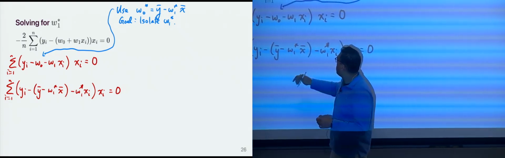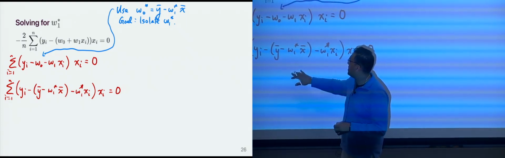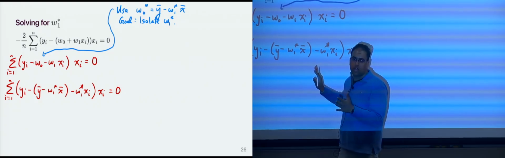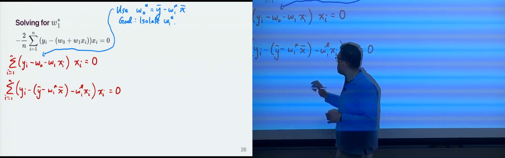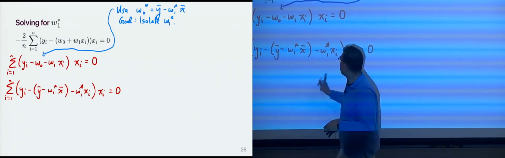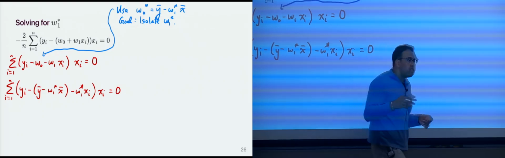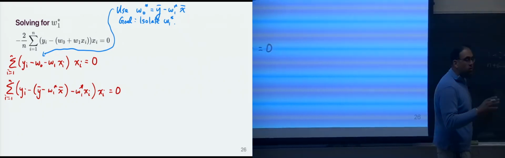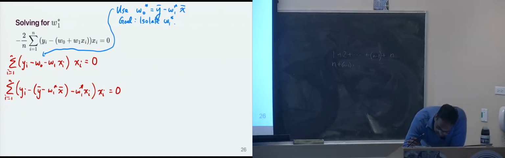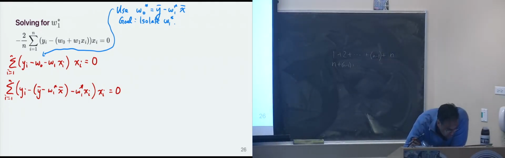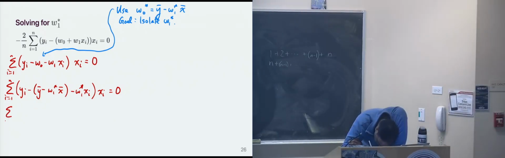In doing that, I want to isolate terms that do have w1 star versus don't have w1 star. I should try and separate it. So what I'm going to do is separate this big sum into two smaller sums, one that involves w1 star and one that doesn't involve w1 star. And so if I expand out this minus sign, that'll help me get this to look something like this.